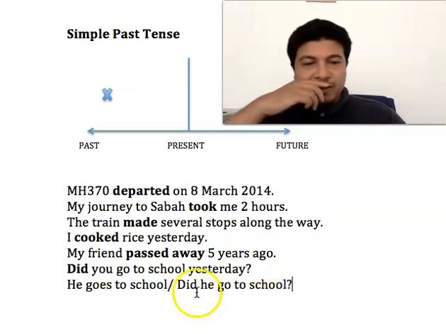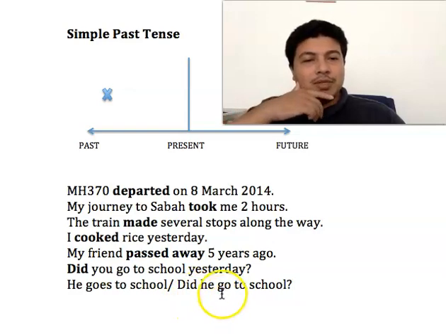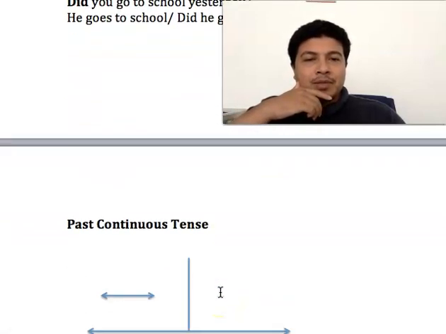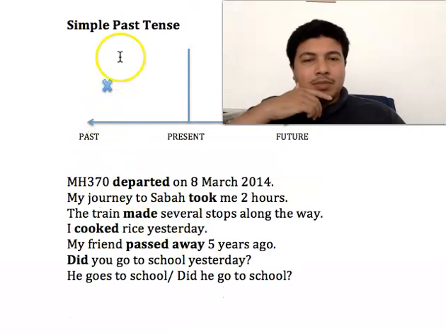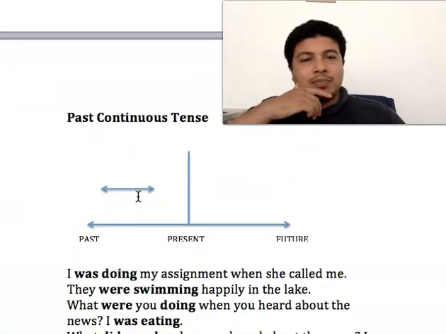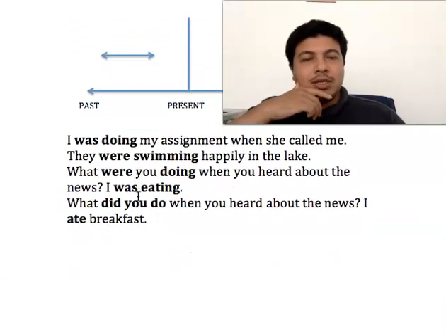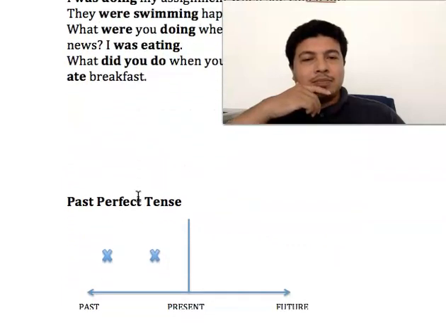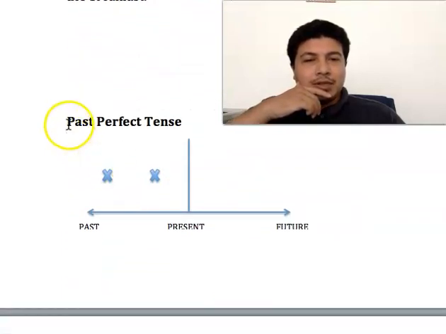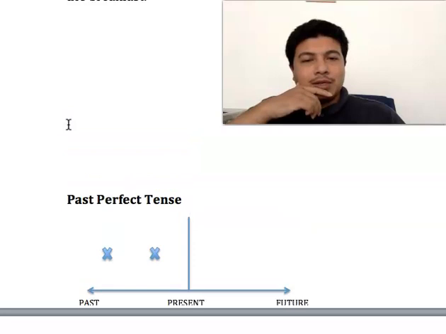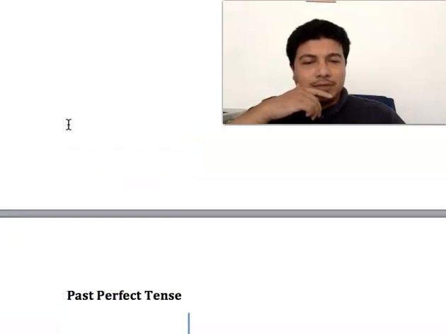That means after the word did, it has to be in the base form. So now we have talked about simple past tense and past continuous tense. Now let us talk about past perfect tense. So what is past perfect tense?